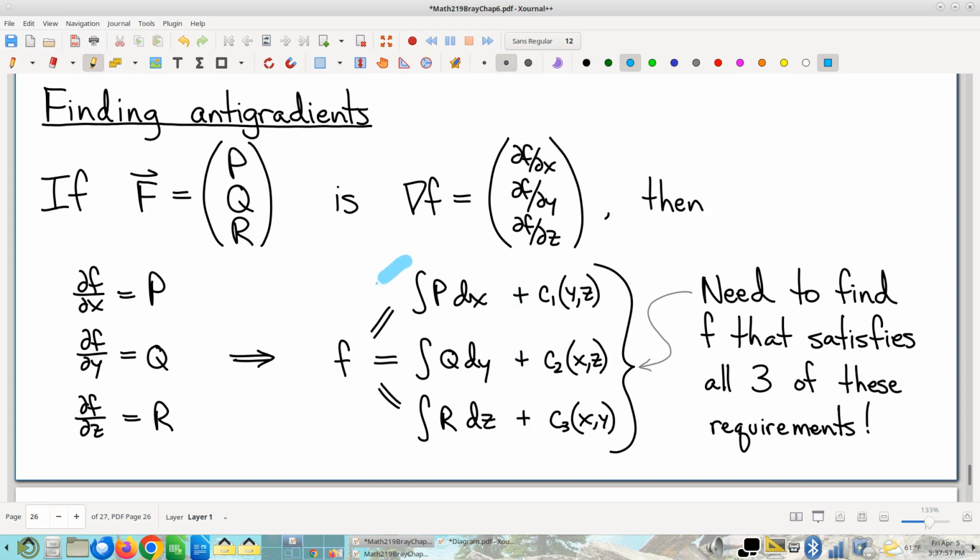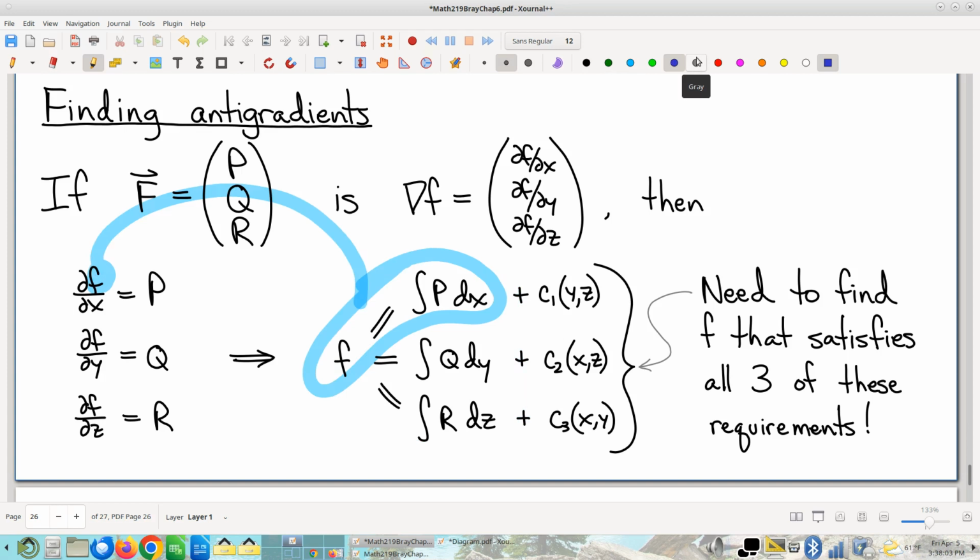Well, because if I were to just say this is my f, and I cite the fact that when you take the x derivative, you get P, keep in mind any constant that I added in here would disappear when you take the x partial, and it still works. So you can add any constant because you're taking a partial. Partials of constants are 0.